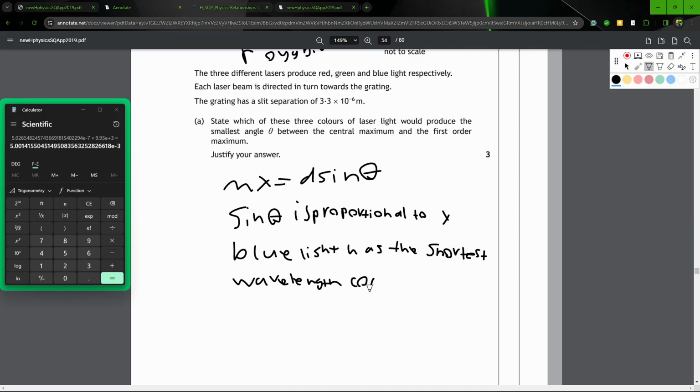I'm going to say compared to red and green, just to make it clear what we're on about. But otherwise, we should be fine. There we go.